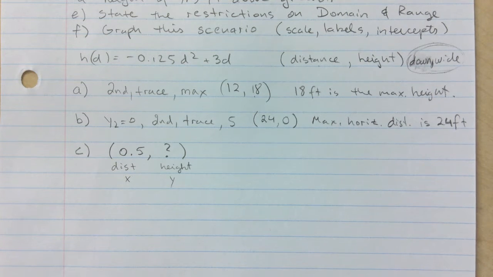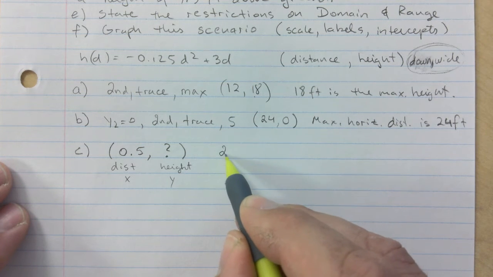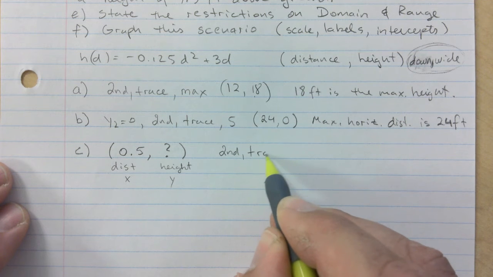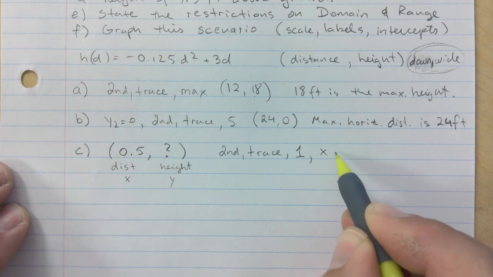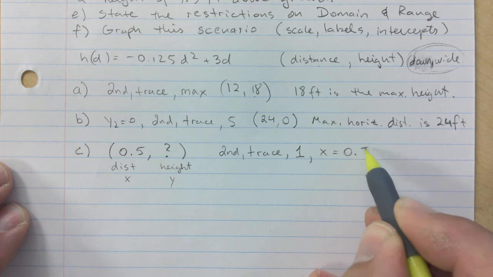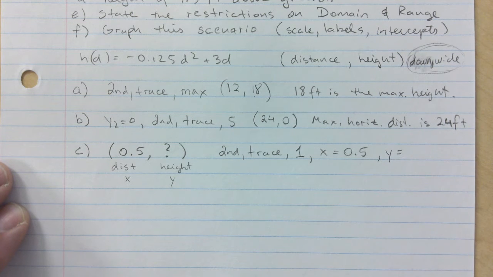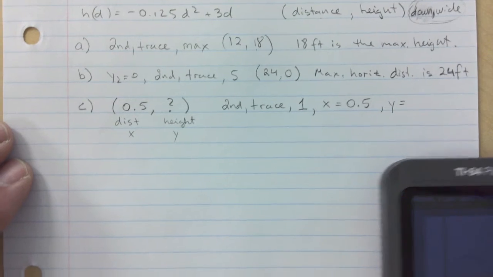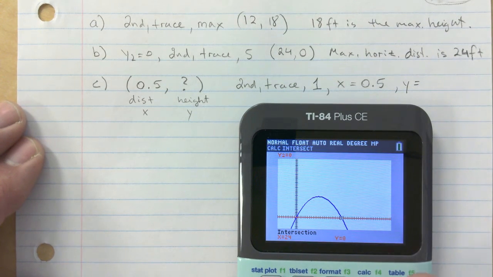Okay. So what do we do here? What function do we want to call? Second trace 1? Okay, right on. So we're going to say second trace 1, x is going to be equal to 0.5. And then we're going to get our y value from that. So let's go ahead and do that.